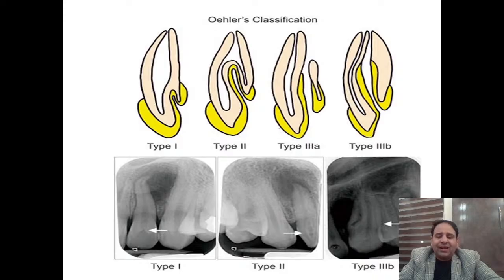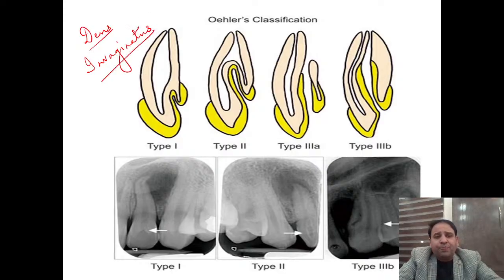So students, by now you all know what we see on this slide. We see dens invaginatus. While going through previous year's papers, I am sure you must have seen that there were two questions asked related to dens invaginatus, in the paper bank which was sent to you.